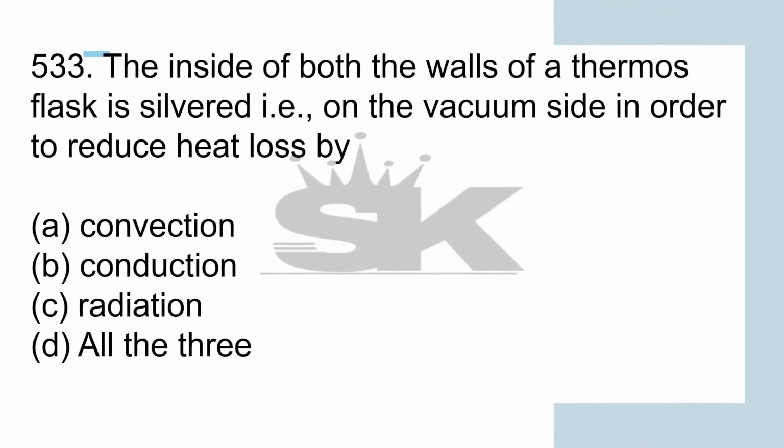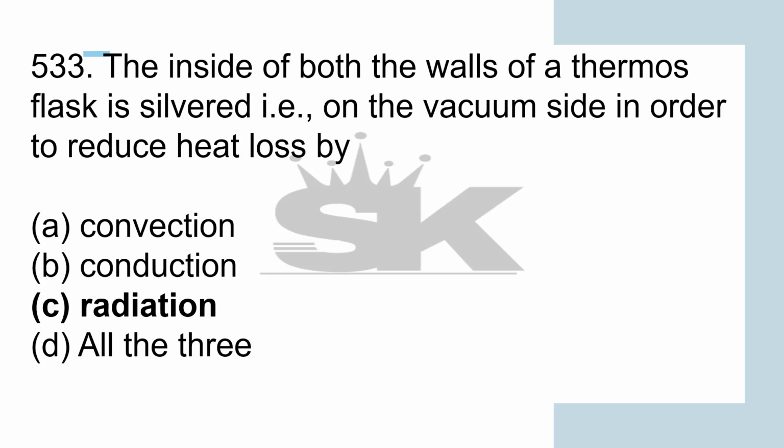The inside of both the walls of a thermos flask is silvered, that is on the vacuum side, in order to reduce heat loss by radiation. The thermos flask has double walls which are evacuated, and the vacuum bottle is silvered on the inside.